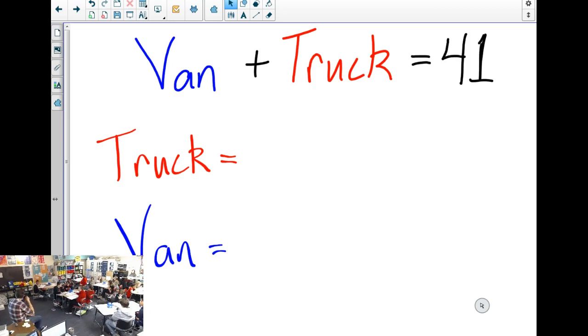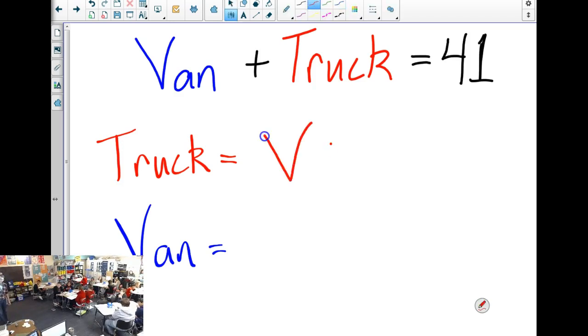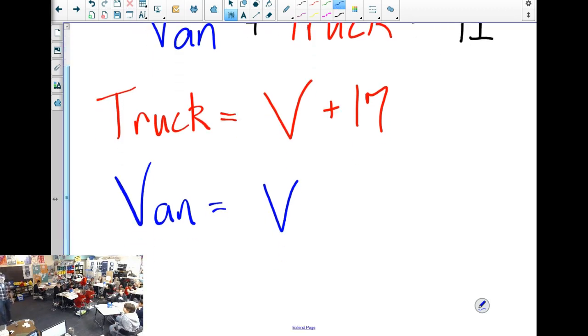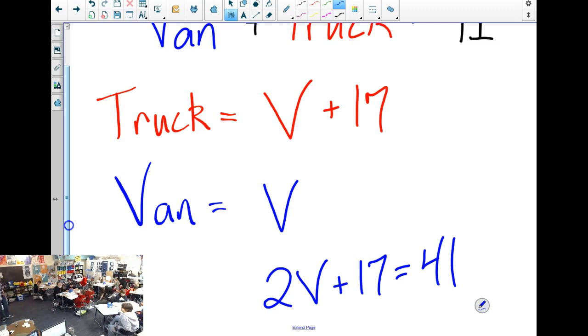What do we know about the truck, or what do we know about the van? We have a comparison between them, right? The truck is 17 years older than the van, so I could say V plus 17, and then the van is just V. What I saw a lot of you do, instead of guess and check, is you essentially said, if the truck is V plus 17 and the van is V, then what we really have is 2V plus 17 to equal 41.